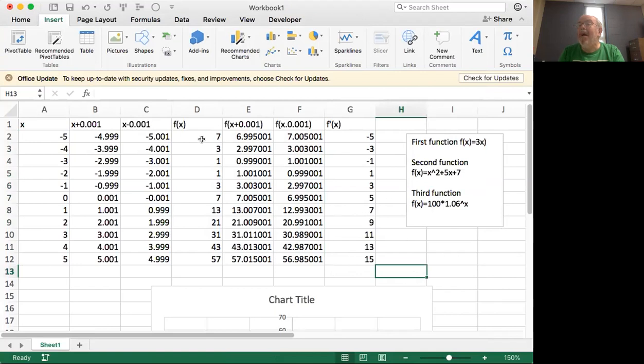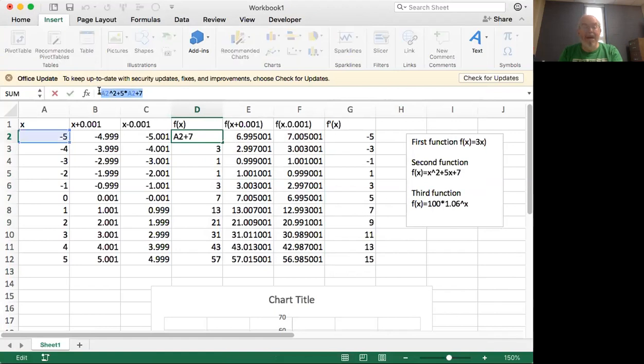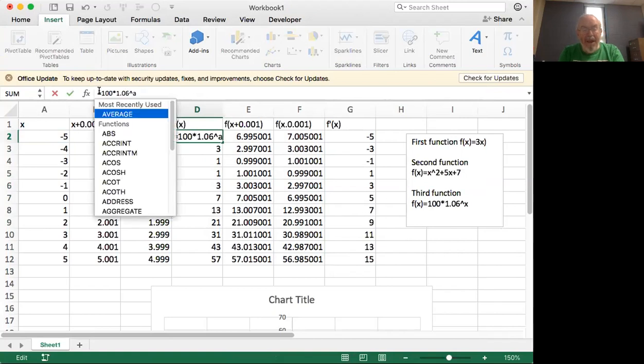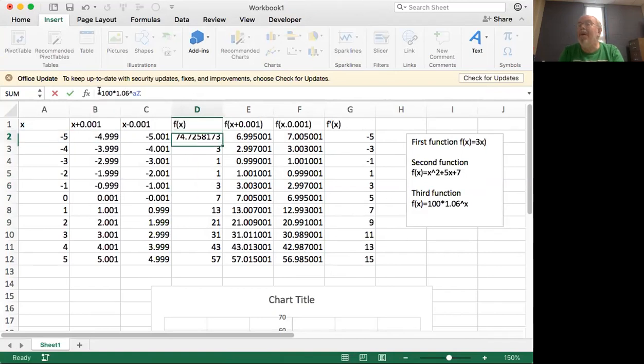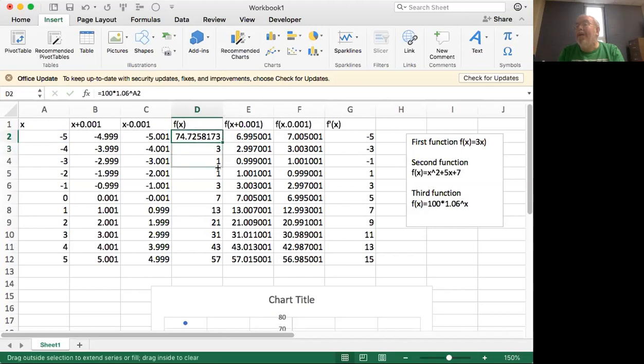Once again, I'm going to simply have to change this one function, this one cell, and make it instead 100 times 1.06 to the A2. And then I quick fill.